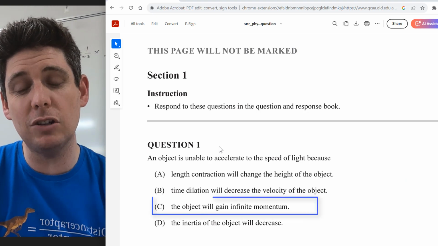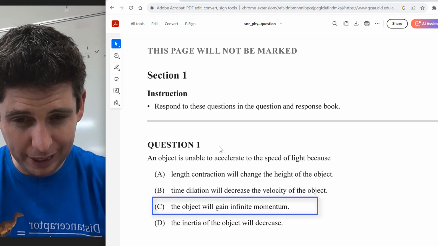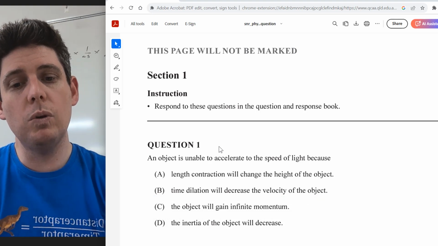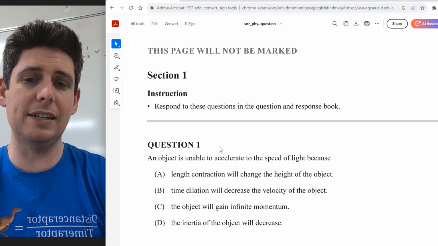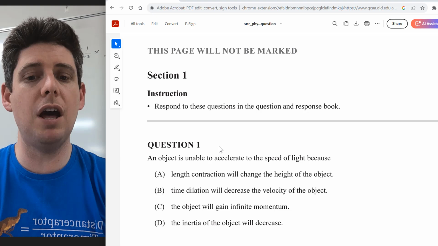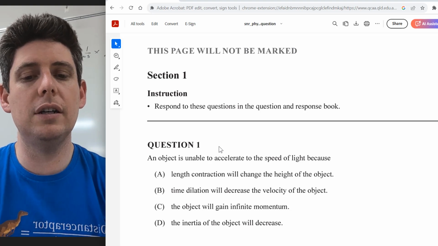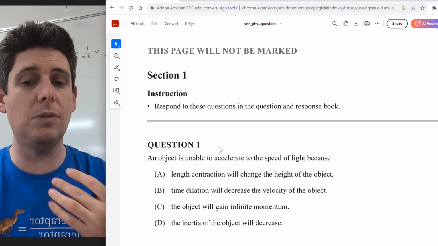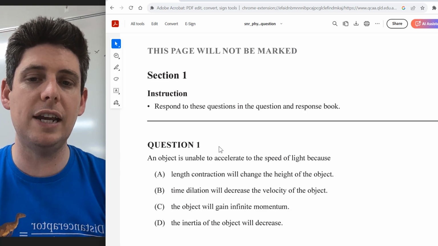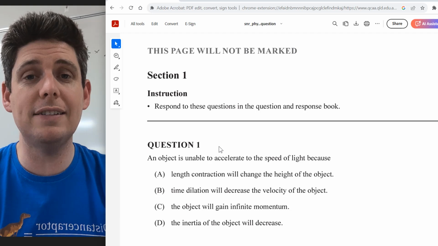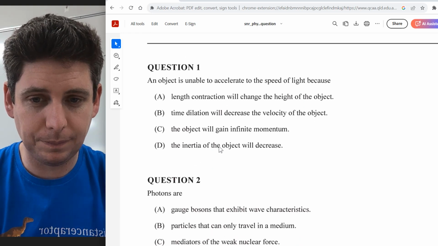So C is correct. D, the inertia of the object will decrease. Well, the object is just accelerating to the speed of light. Inertia is just an object will continue doing what it's doing, so it's not going to decrease. So D is incorrect. The correct answer is C.